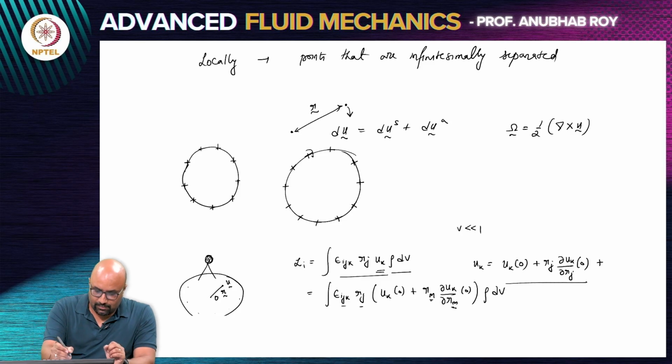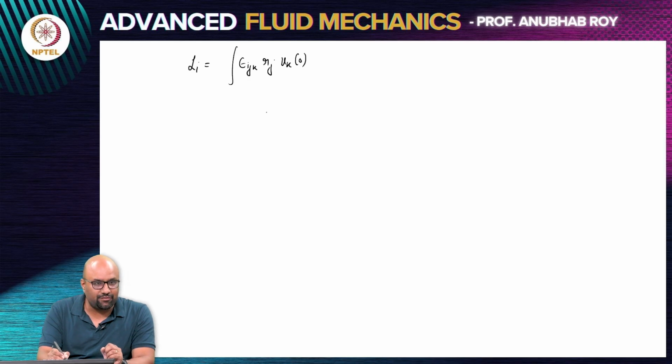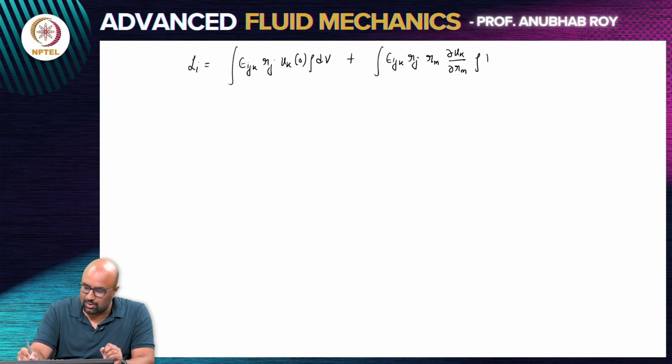Now if I write this term by term, epsilon ijk rj uk about the center of the sphere, if I am thinking of it like a sphere, plus epsilon ijk rj rm dou uk dou rm rho dv.